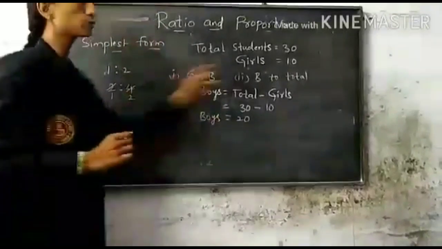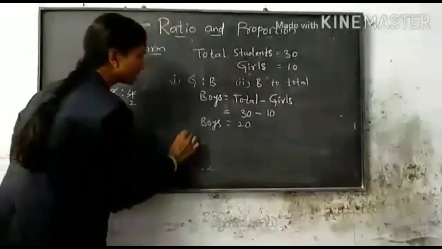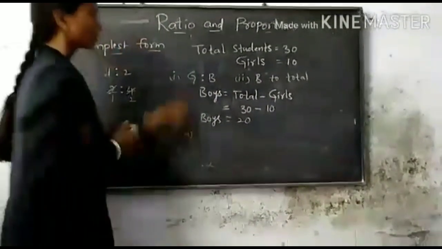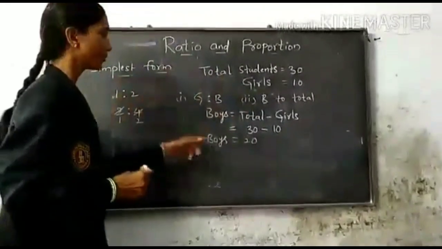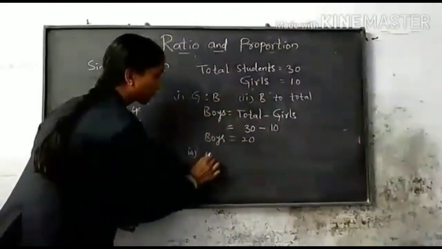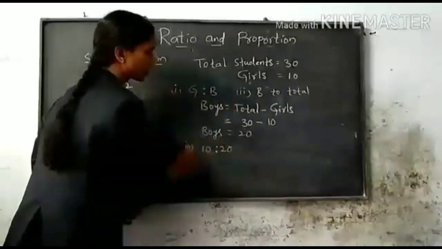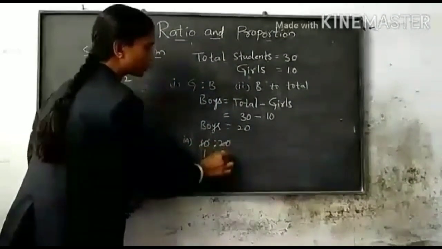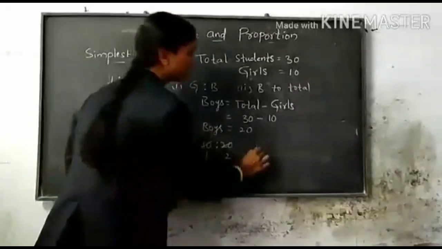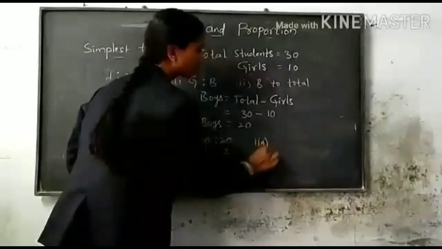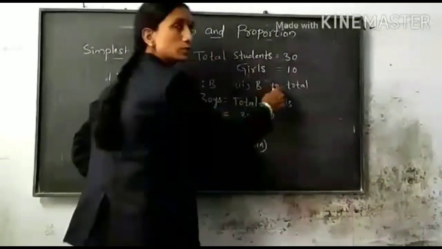Now we will solve these two problems. The first answer is girls to boys. Number of girls 10 is to number of boys 20. 10 ones are 10, 10 twos are 20. Next, the second answer, boys to total.